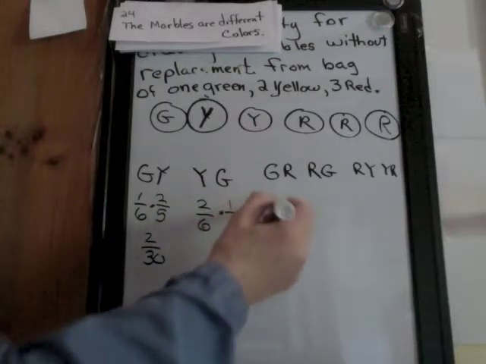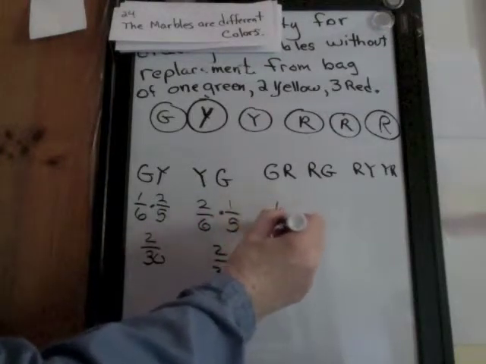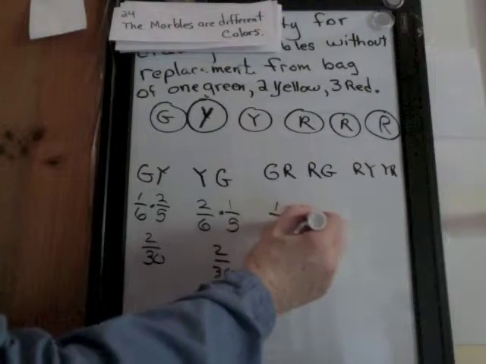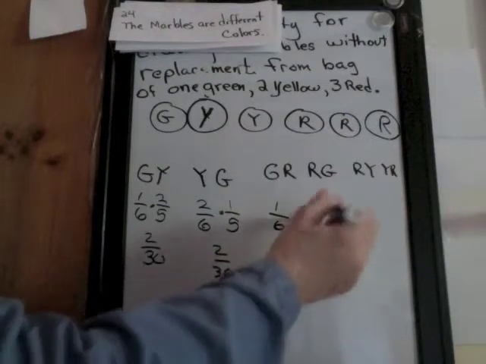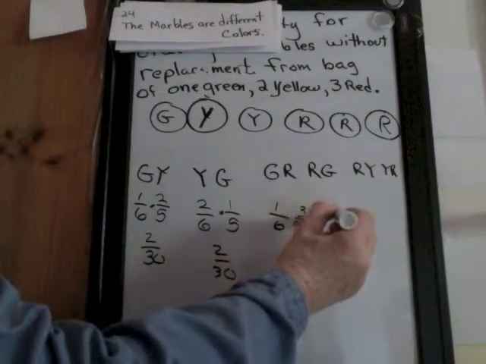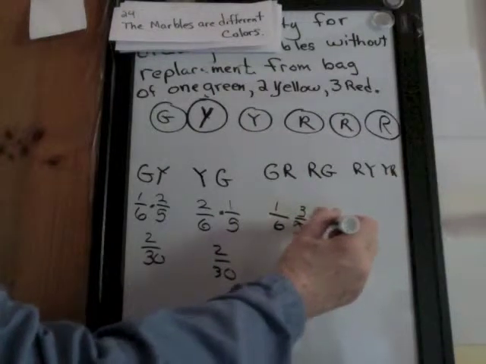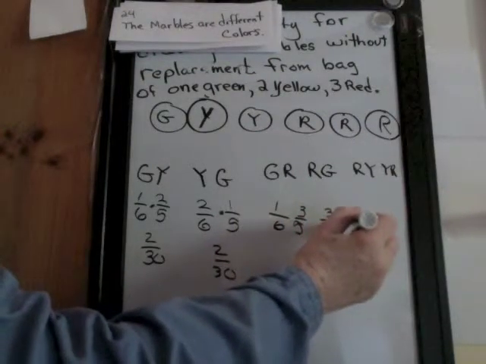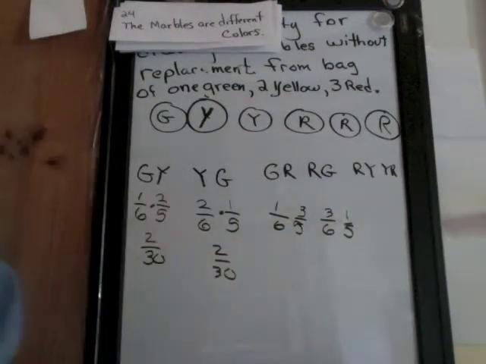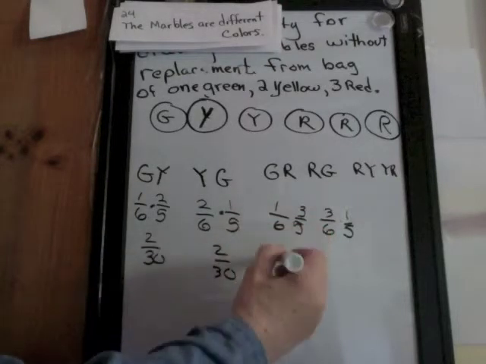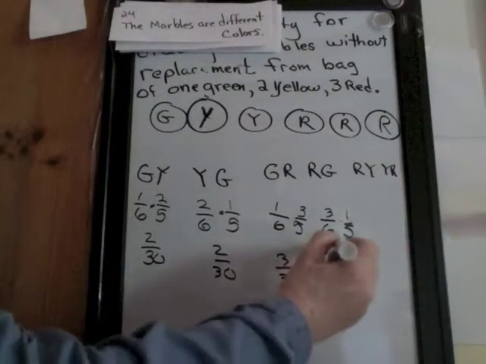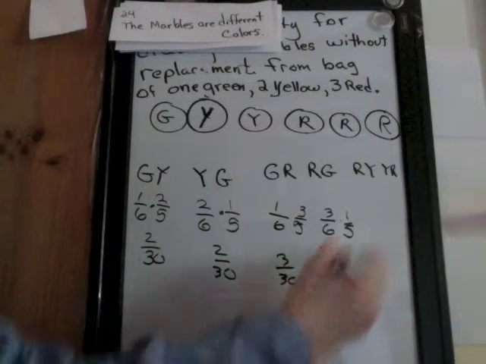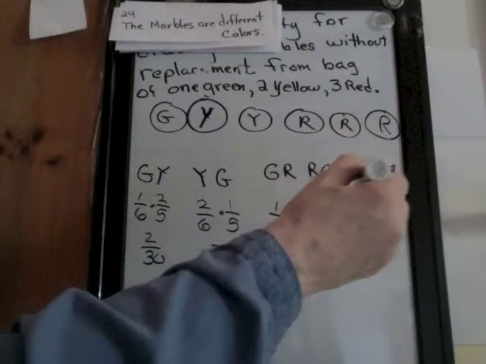To get a green, it would be 1 out of 6, 3 out of 5, or if I do red first, 3 out of 6, 1 out of 5, right? And so that comes out to 3 out of 30. 3 out of 30.